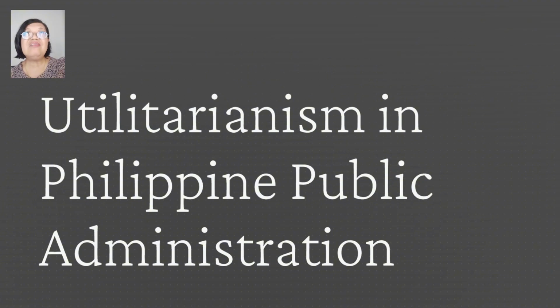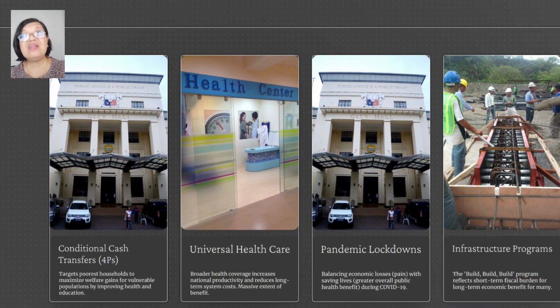And let's take a look at utilitarianism in public administration in the Philippines. So we have 4 examples here on this slide. The conditional cash transfer program of the DSWD, the 4Ps or the Pantawid Pamilyang Pilipino Program, targets the poorest marginalized households to improve health and education.